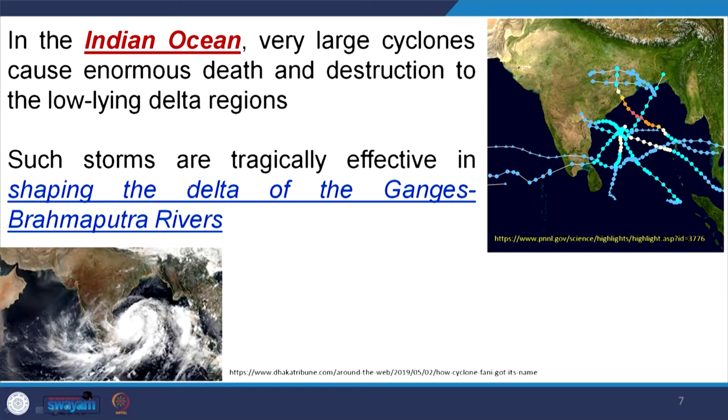Similarly, in the Indian Ocean, you have Indian examples; every year you can see cyclones with different names occurring. Finally, the most effect occurs along the east coast of India and in Bangladesh. On the Indian coast, very large cyclones cause enormous death and destruction in the low lying delta regions.